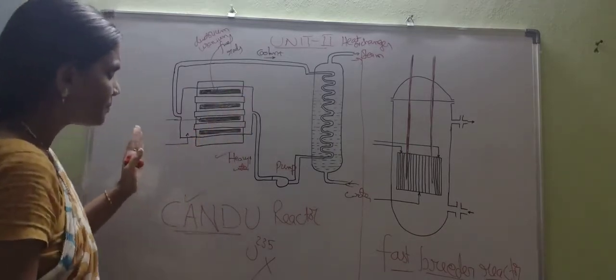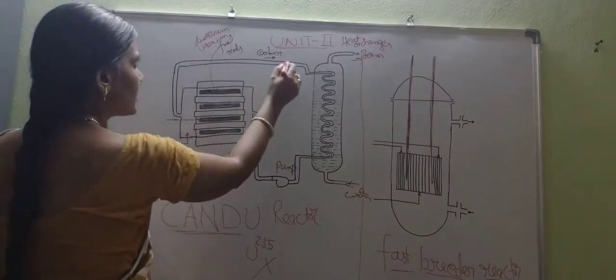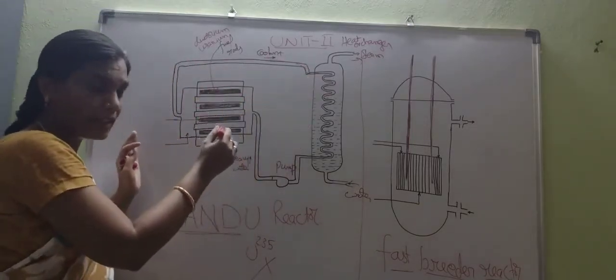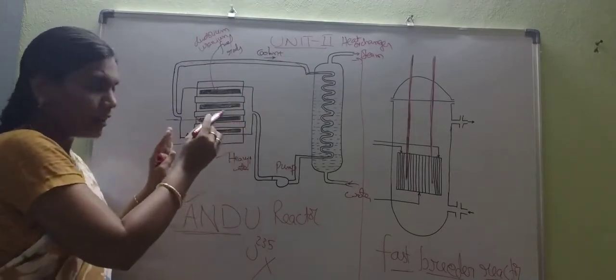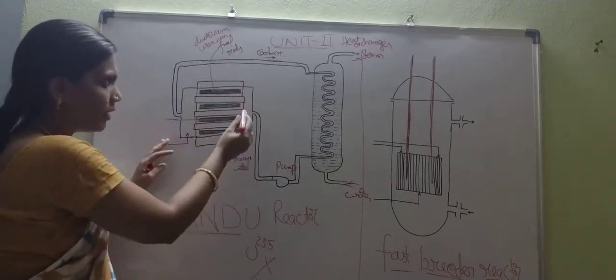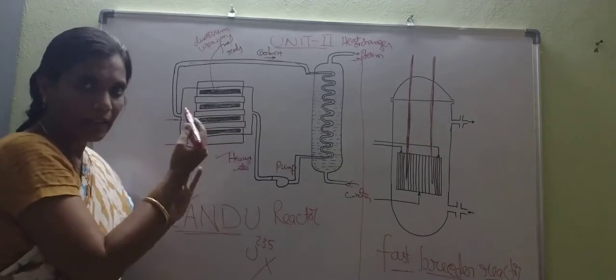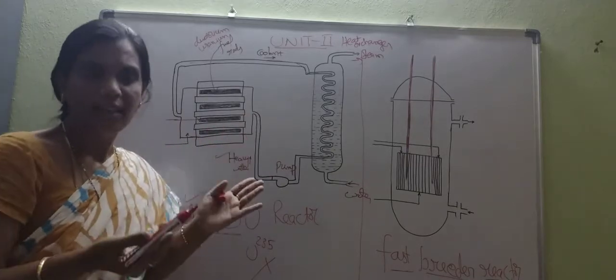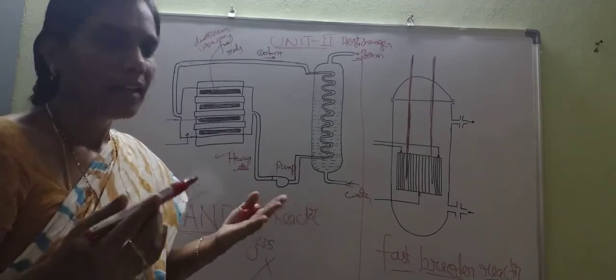So what happens? The coolant circulates in this way. After the reaction, the coolant gets heated. We know the byproduct of the nuclear reaction is thermal energy, that means heat is produced.